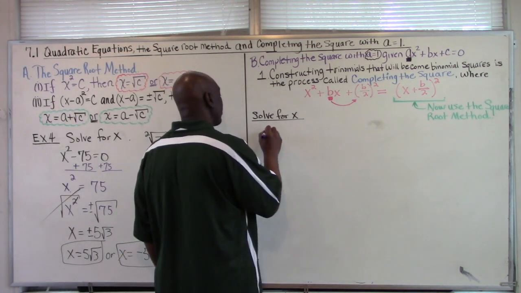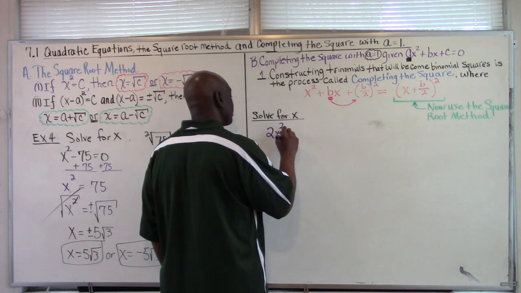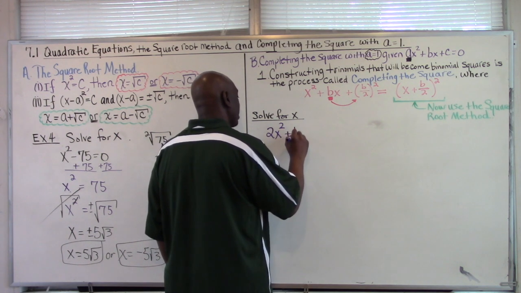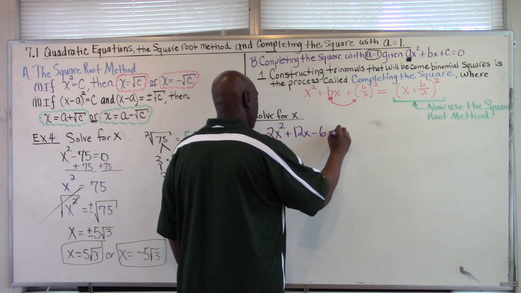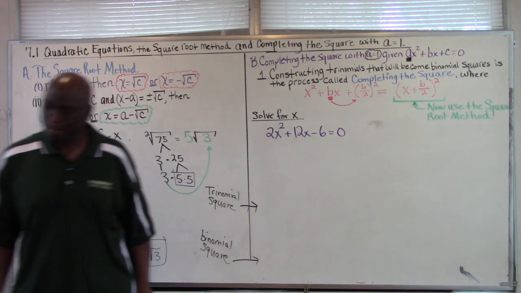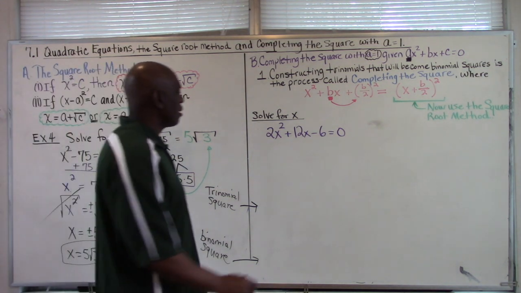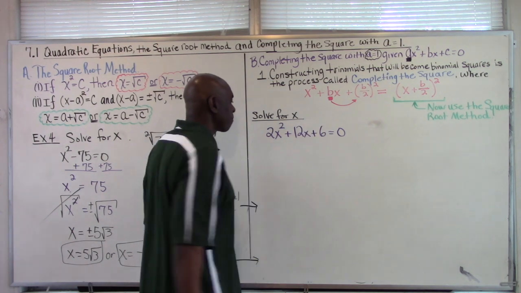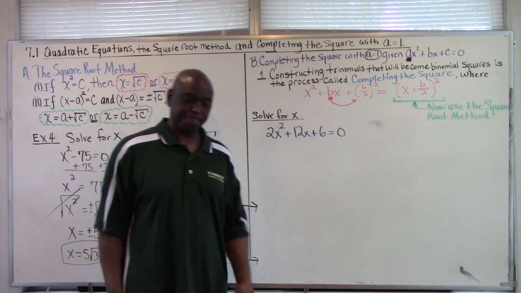Example number 2. Let's say 2x squared plus 12x minus 6 equals 0. All right? That's right. Let's make this plus 6. I'm sorry. Plus 6. 2x squared plus 12x plus 6 equals 0.